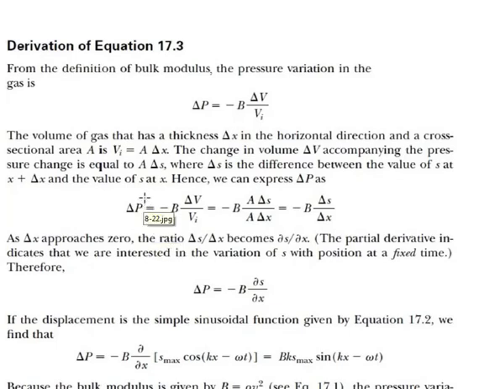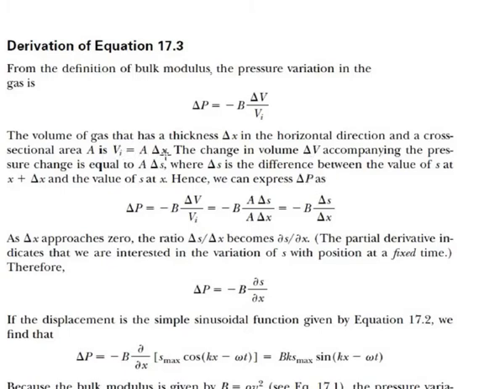But that delta V is not equal to A delta X. A delta X is the original volume, the undisturbed volume when the wave does not pass, or it is the equilibrium volume of some element of length delta X. Now when, let's suppose, a compression passes through it, its volume will decrease.